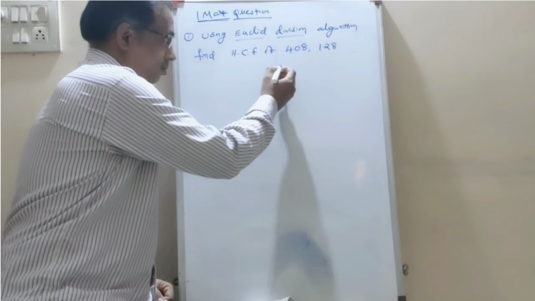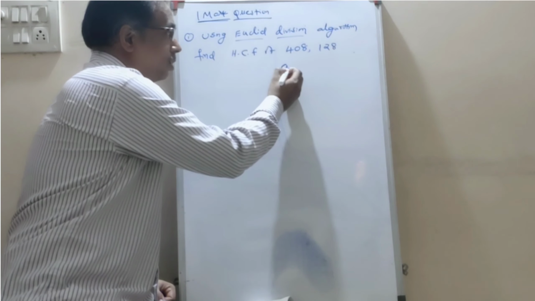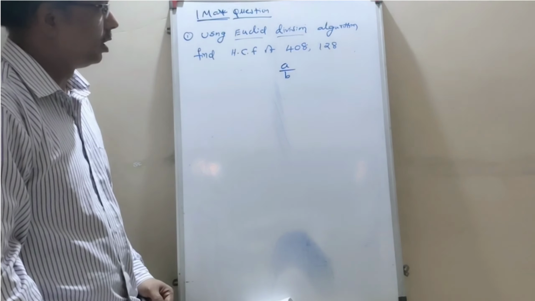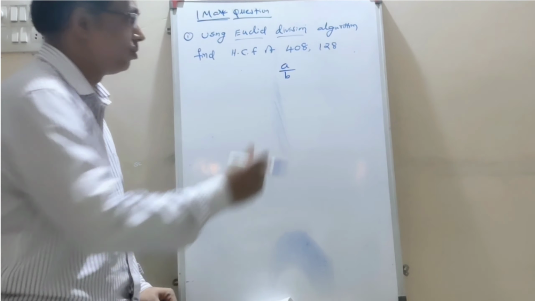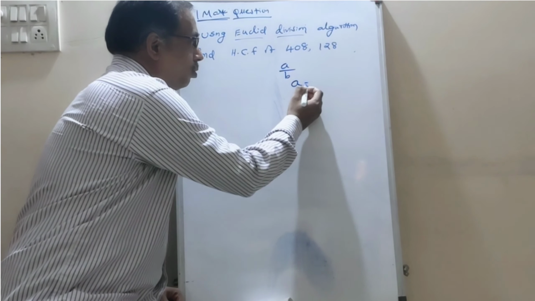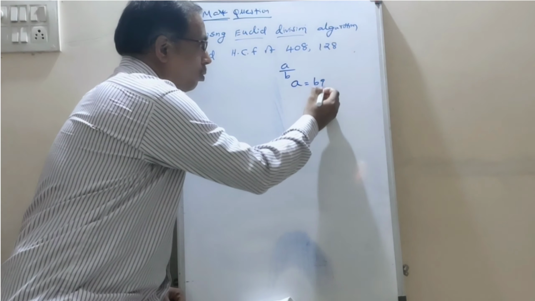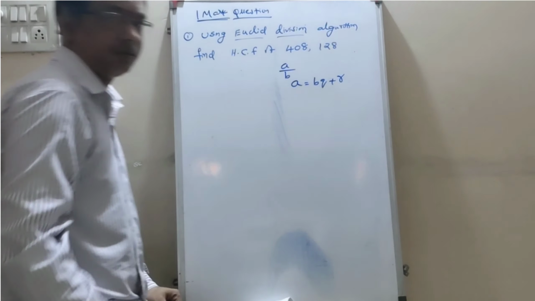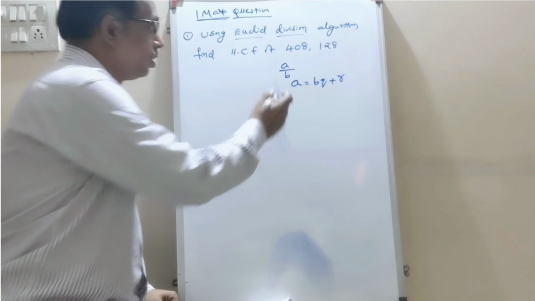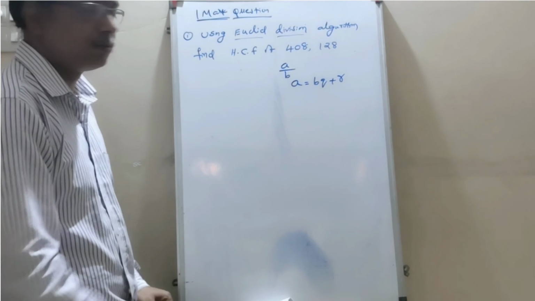Here, Euclid division algorithm is, whenever A is divided by B, we have an equation: A is equal to BQ plus R. Already we know this equation. It is the division algorithm.